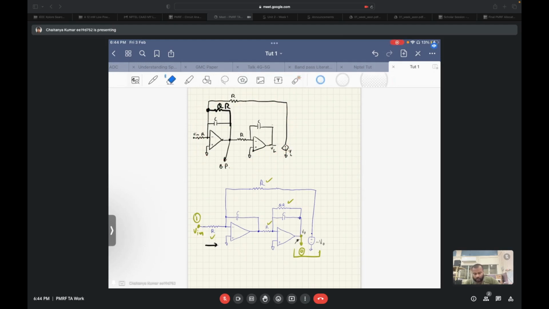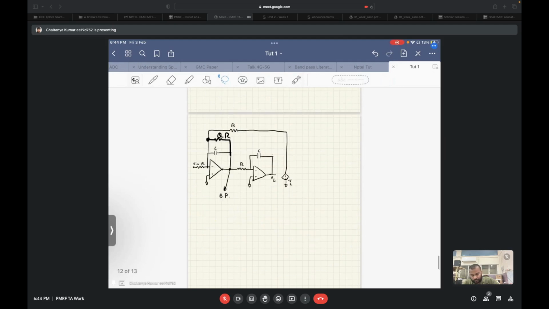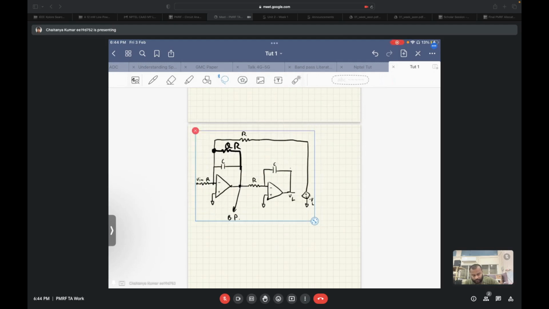So for now, for our purposes, we will solve the transfer function from input to the band pass node instead of the low pass node, that is from this node to this node. So let's resize it.